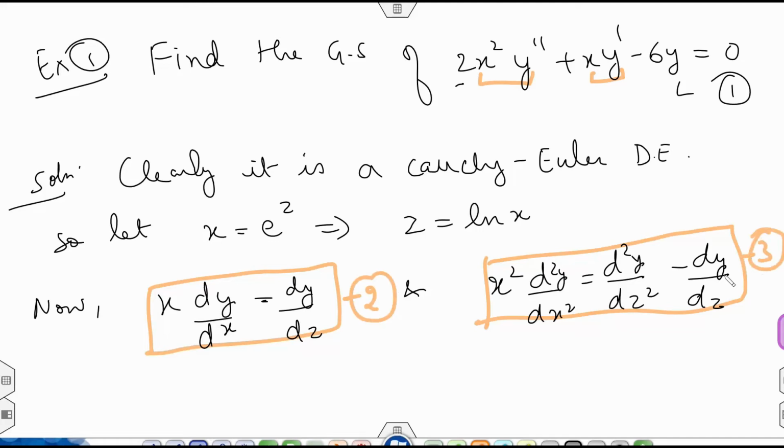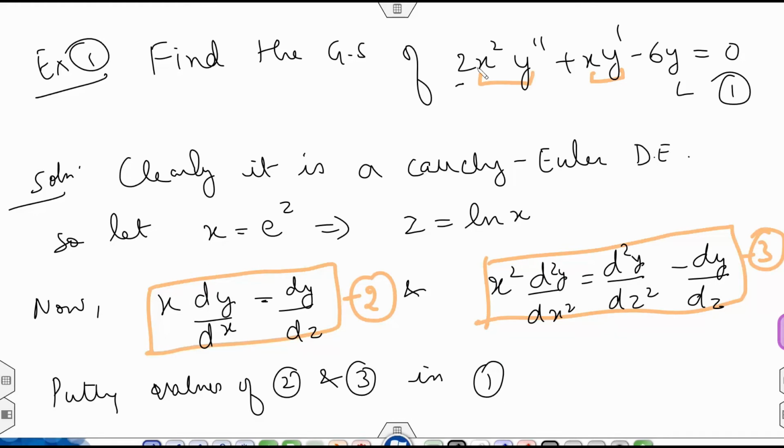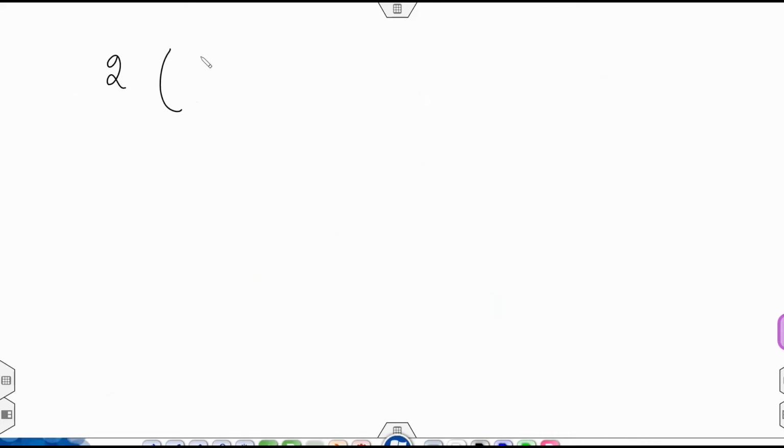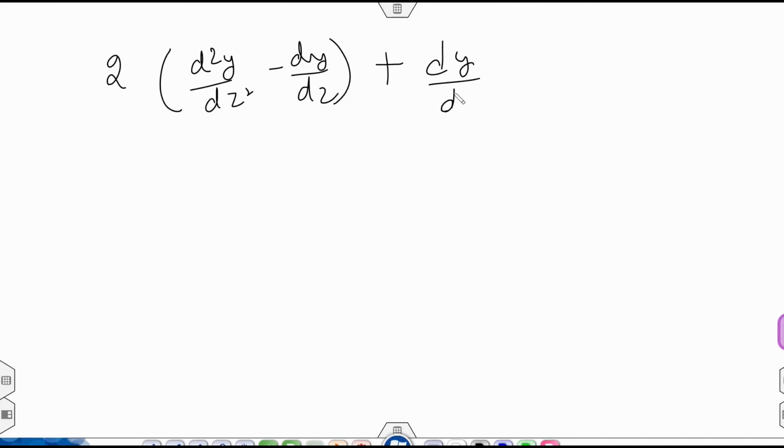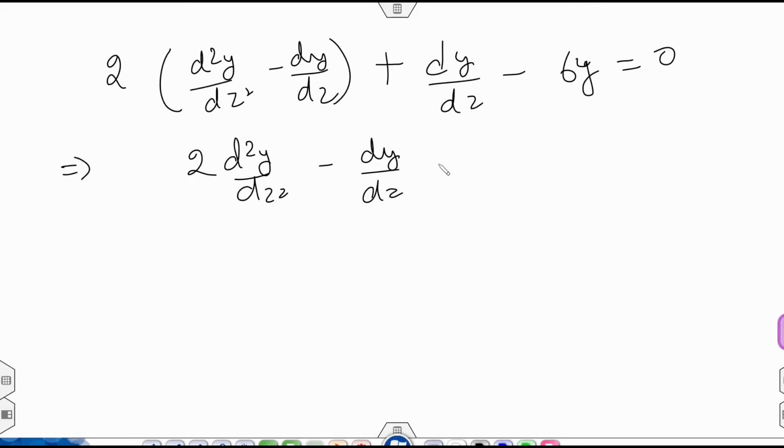So putting the values of 2 in 1, you will get 2 into d square y by dz square minus dy by dz plus dy by dz minus 6y equal to 0. So this is simplified as 2 d square y by dz square minus dy by dz minus 6y equal to 0.